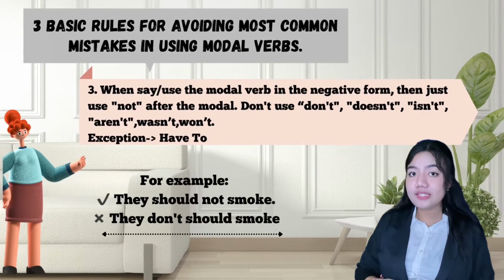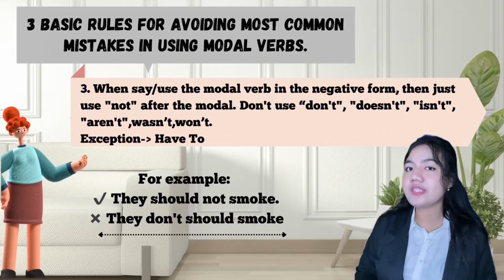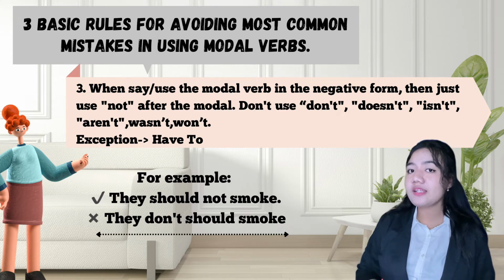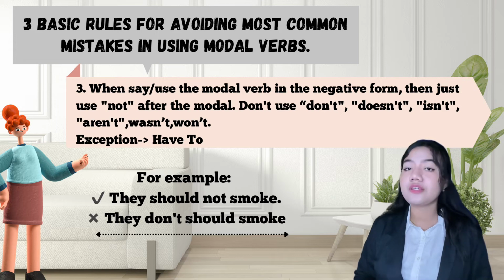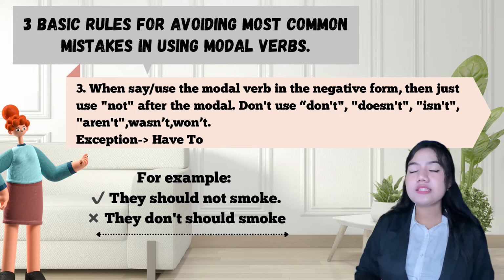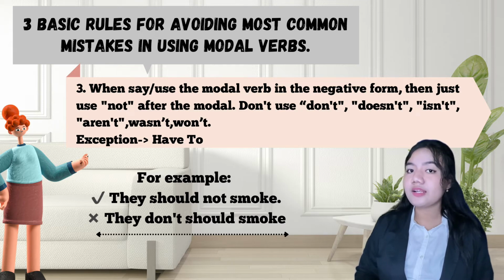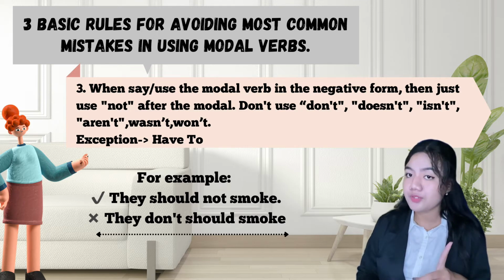Now, the next point is, if you need to use the modal verbs in the negative form, then just use not after a modal. Don't use don't, doesn't, isn't, aren't, wasn't, and won't. There's one little exception, which is have to.